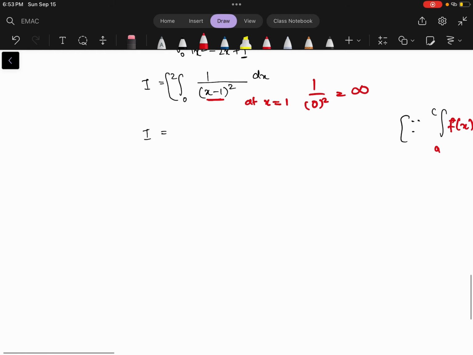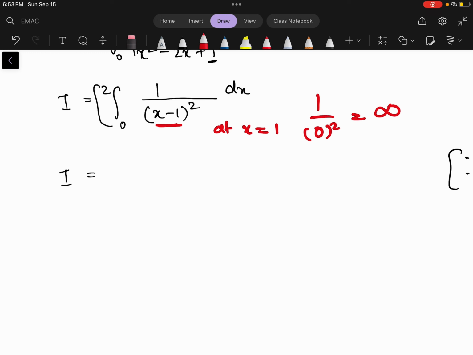So we're just going to split this again into 2 parts, from 0 to 1 and from 1 to 2, because there's a singularity at x equal to 1.